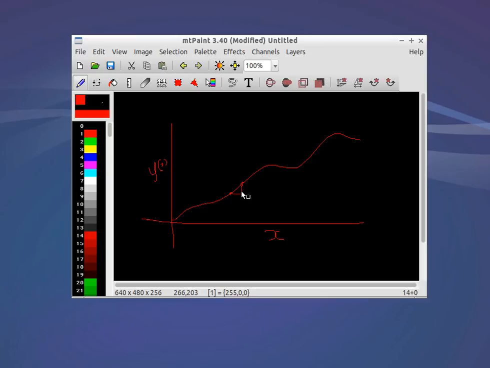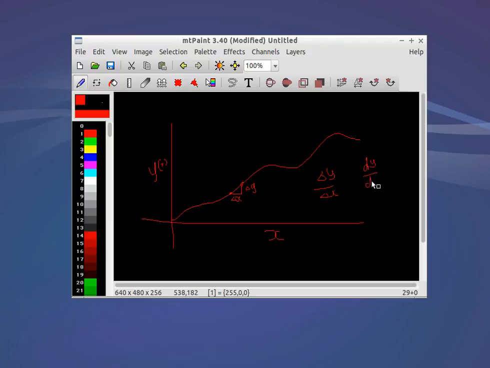So here if you look at it, this is your delta y and this is your delta x, and the slope of the curve is delta y by delta x, right? And when we reduce the delta x, finally when delta x tends to 0, we call it the derivative dy by dx, right?